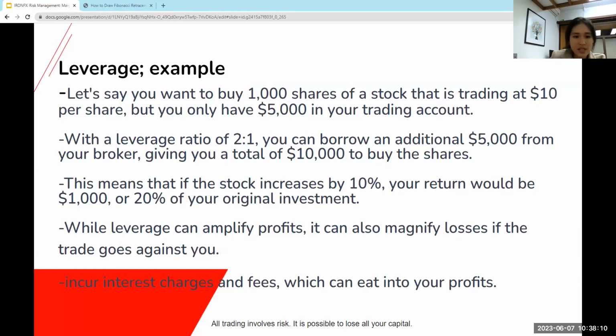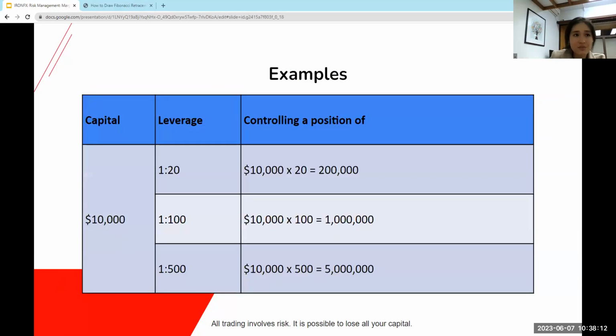Okay, let's take a look at a couple of examples. So if I have a capital of $10,000, if my leverage is 1 to 20, I would then be controlling a position of 10,000 times 20, which is 200,000.